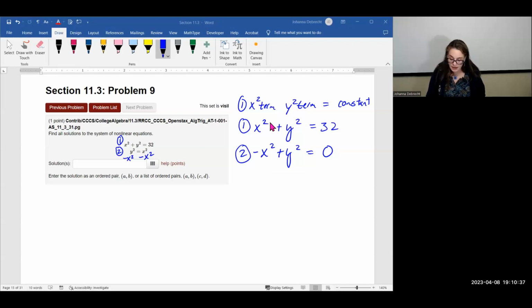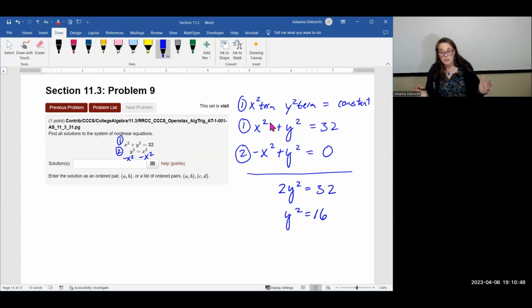This means that I can add them together to eliminate the x squared term, which will give me 2y squared equals 32, which gives me y squared equals 16, which means y is equal to plus or minus 4. Then I can come back to the equation up here, x squared equals y squared, and solve for the x variables. I'll get the same solutions.